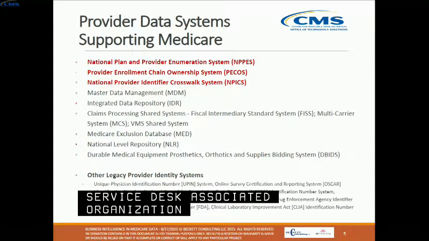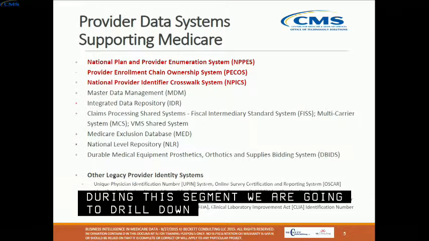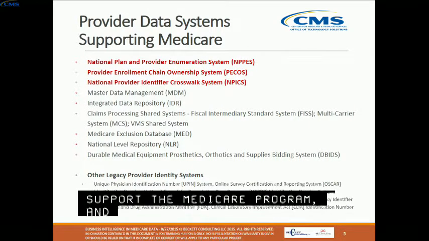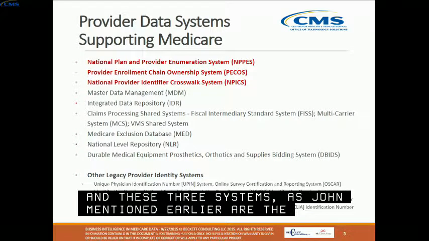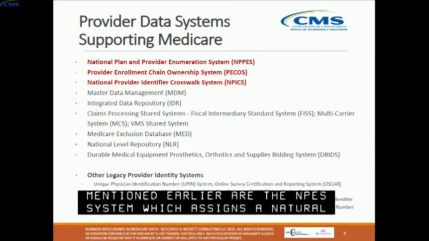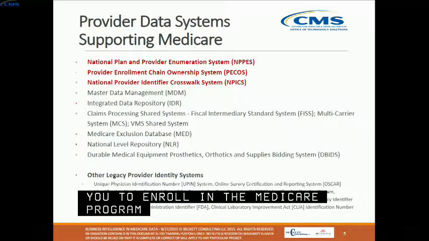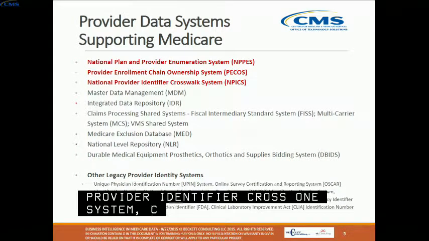Okay, in this segment, we're going to drill down on 3 of the key provider data systems that support the Medicare program. And these 3 systems, as John mentioned earlier, are the NPPES system, which assigns a national provider identifier to a provider, the PECOS system that allows you to enroll in the Medicare program, and the National Provider Identifier Crosswalk System, called NPICS, which we'll talk about why that exists.